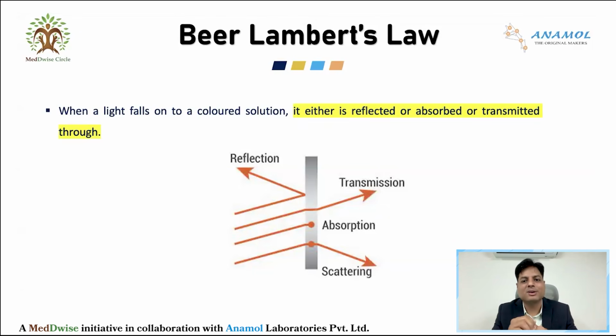This concept is called absorption. There is a fourth concept where the light will enter into the colored solution, pass through it, but change direction. This concept is called scattering. So whenever we pass the light through the colored solution, one of these four things is likely to happen.